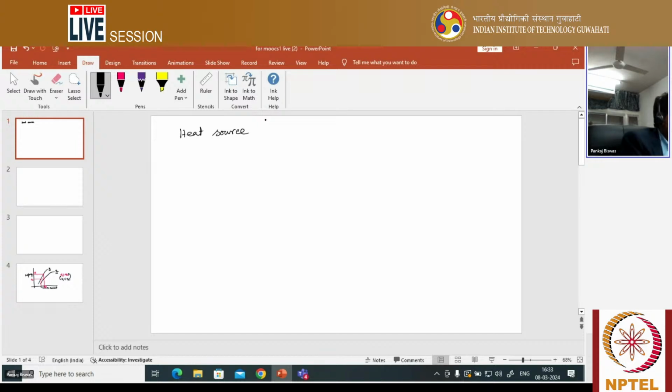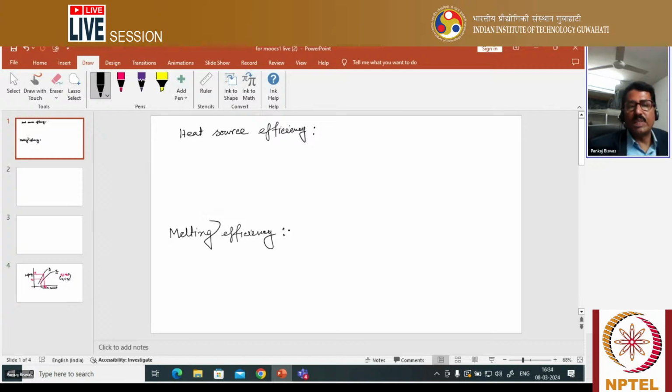One is called heat source efficiency. Another one is called melting efficiency. Correct? These things are already very well familiar to you. Still, I am explaining a little bit.